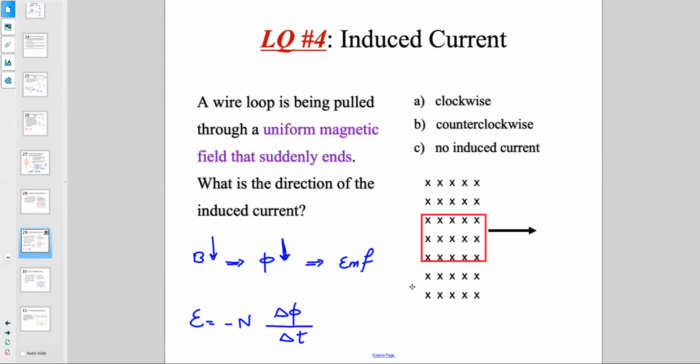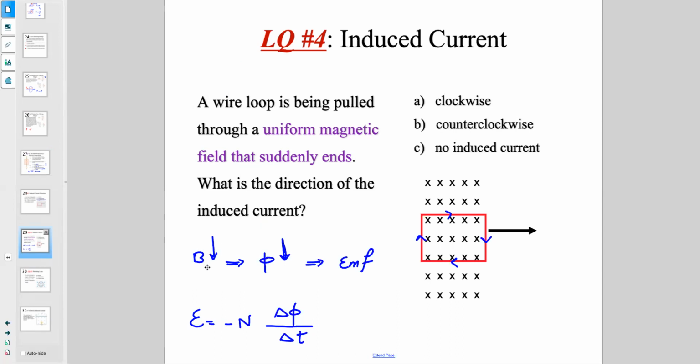The direction of the current is in the direction to do the opposite thing. The B field is decreasing, so you have to have the current in the direction to do the opposite action. In other words, since this B is decreasing, it's getting smaller, you have to be in a direction to oppose that change, okay? So you have to be in this direction to help, because this is decreasing.